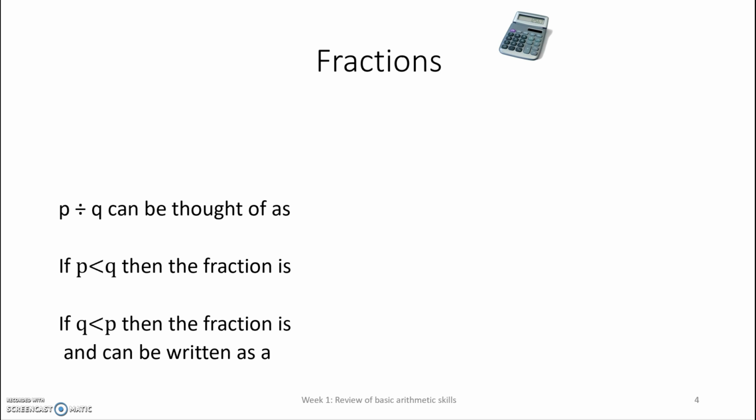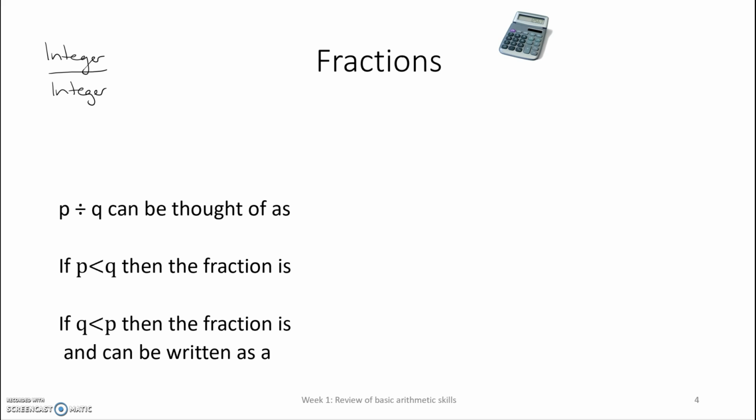Now, we'll do this again when we come to division of fractions, but P divided by Q. We need to think a fraction is a number which is represented by an integer over another integer. So we have integer over integer in most cases.